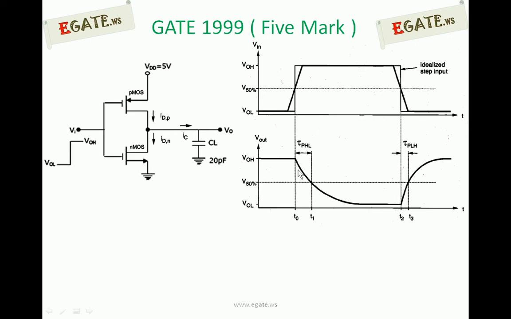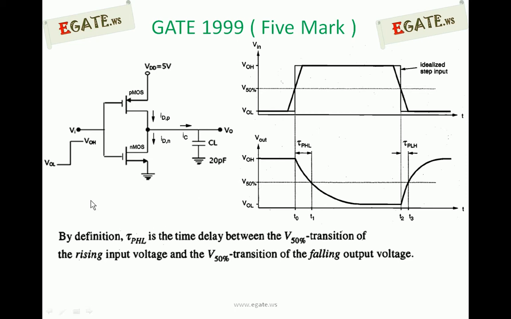The time between these 2 points is treated as tau PHL, and the time between these 2 points is tau PLH. We are indicating one important parameter, V50%, that is 50% of the total peak to peak voltage. So TPLH and TPHL are strictly defined like this.